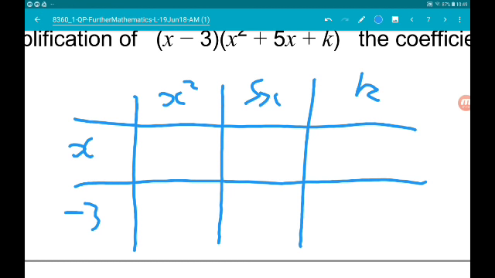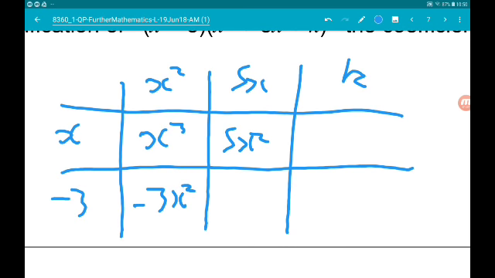So x times x squared is x cubed, minus 3 times x squared is exactly that. x times 5x is 5x squared, minus 3 times 5x is minus 15x, x times k is kx, and minus 3 times k is minus 3k.